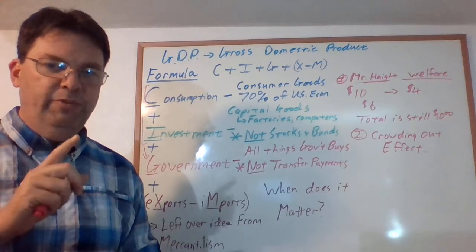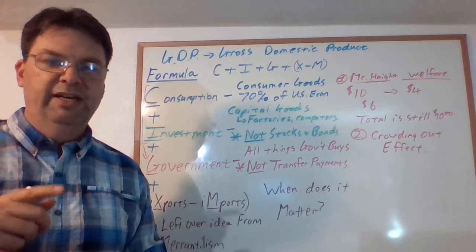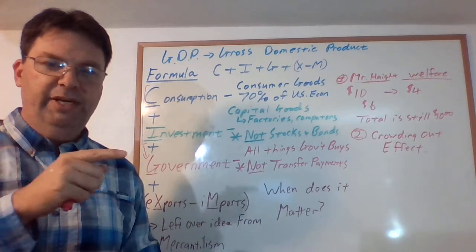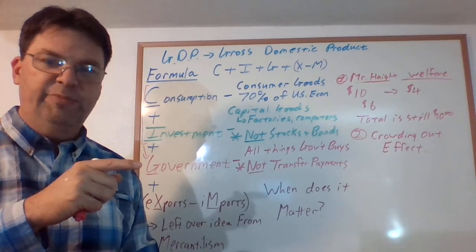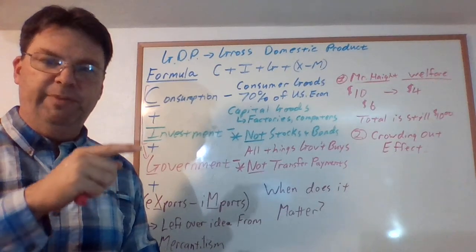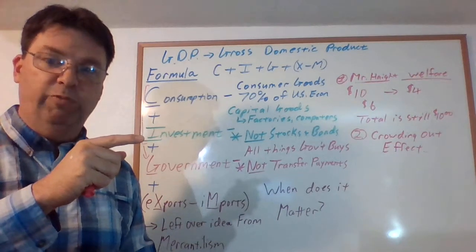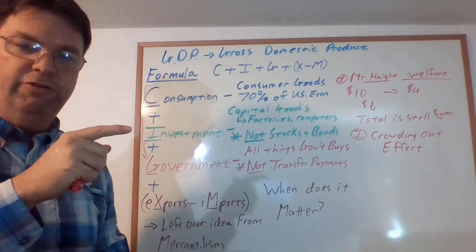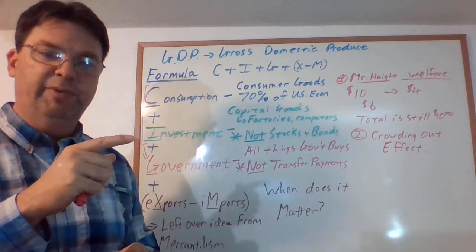But when you think about how this relationship works, it's really not productive. Because the government buying aircraft carriers is not the same as putting in a microchip factory. That microchip factory is going to be productive way down the line. It's going to create jobs, it's going to create benefits, it's going to create all kinds of things over and over again, year after year after it's been purchased.